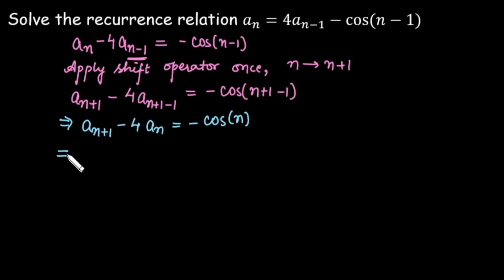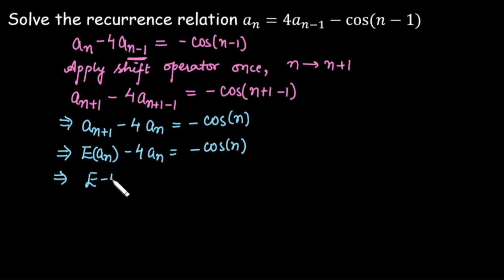Now write this back into the operator form. We can write this as E of a n minus 4 of a n, that is equal to negative of cos of n. This implies E minus 4 a n is equal to negative of cos n.